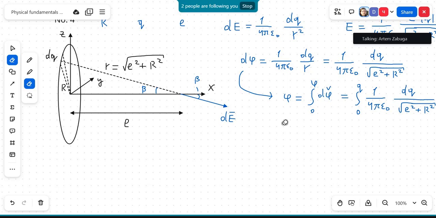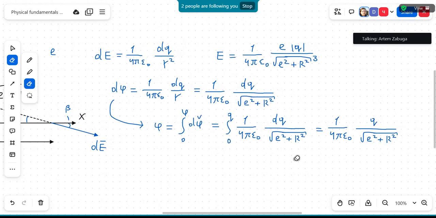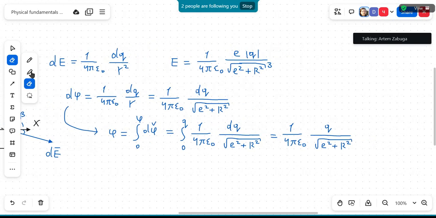But it is impossible to find this at other points in space, because if we try to do this, we will meet an elliptic integral, and an elliptic integral cannot be expressed in elementary functions.